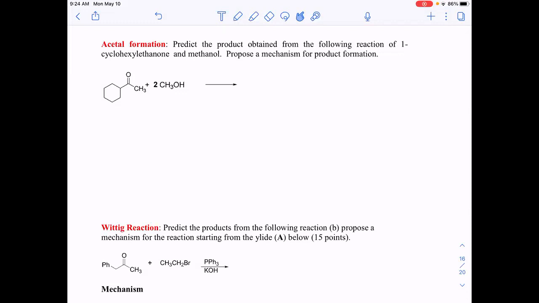Is that the reaction of the carbonyl? Yes. It will happen on the carbonyl. Which specific reaction is going to happen? Acetal. Good. So it's acetal formation.